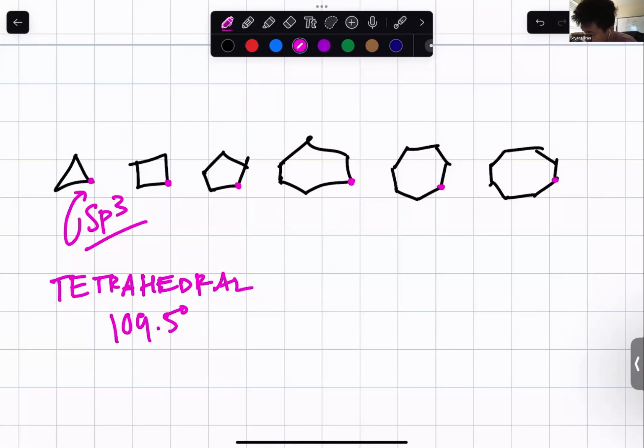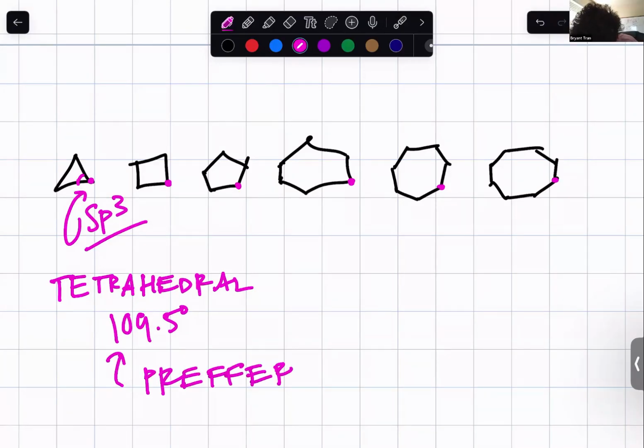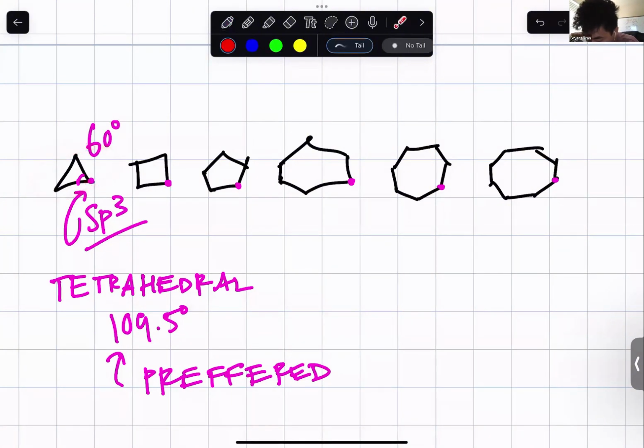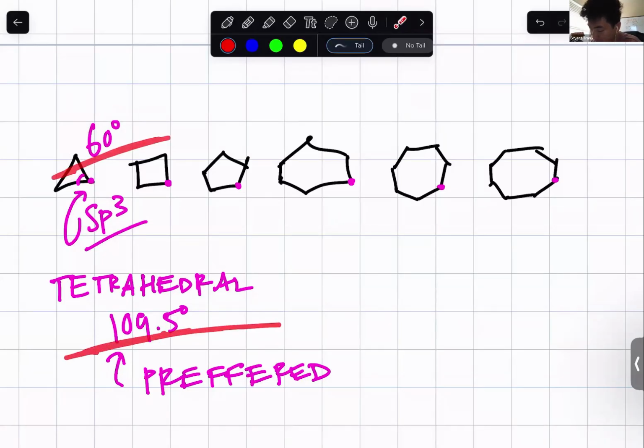109.5 degrees. But in this equilateral triangle, we'll do a little bit of geometry here. What would be the bond angle that this carbon is forced to be in right here? 60. Yep, the preferred bond angle is 109.5, but this carbon in cyclopropane, this triangle, is going to be 60 degrees, which is far away from 109.5.